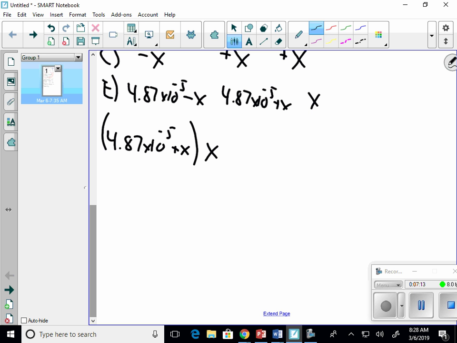Those are my two products. Divided by reactant. And the K value for this one is really tiny.